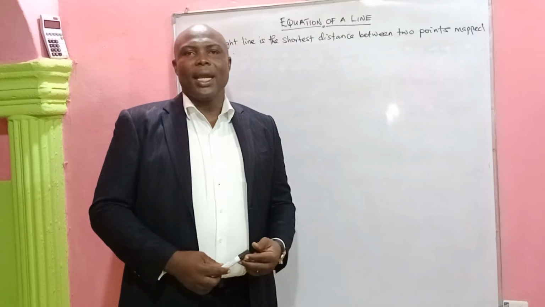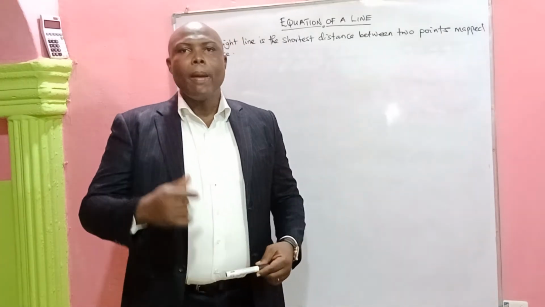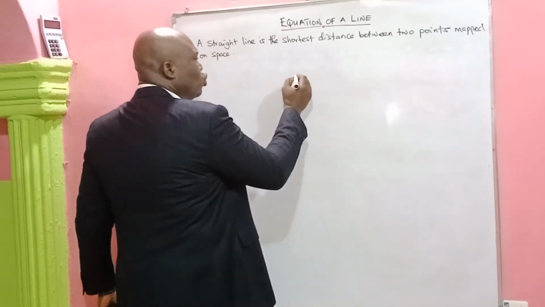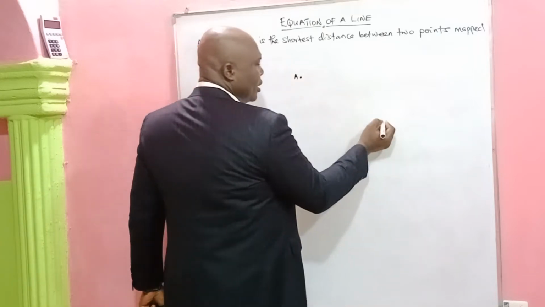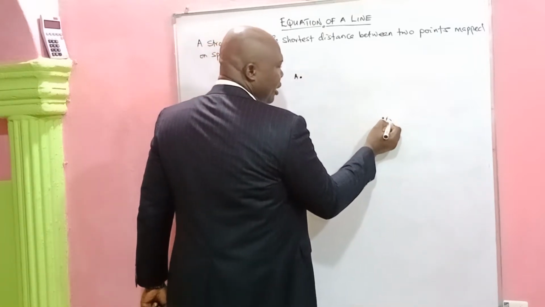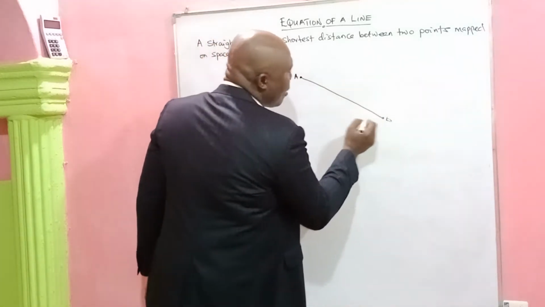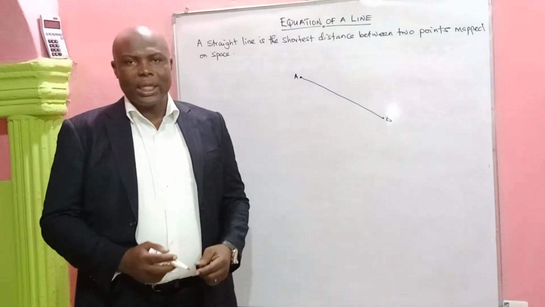A straight line is the shortest distance between 2 points mapped on space. What we mean is, if you take 2 points, let's say A and B, the shortest distance between those 2 points mapped on space is what we call a straight line.